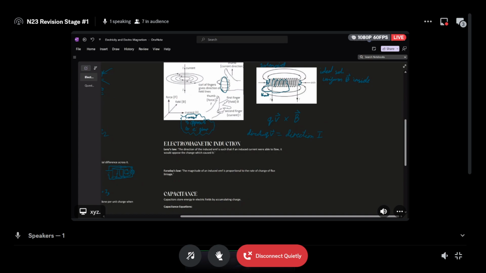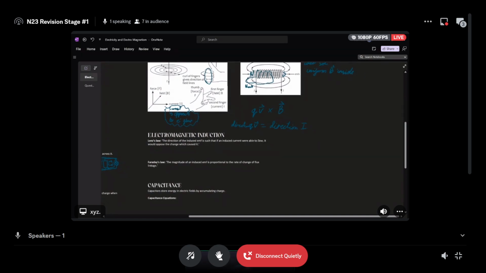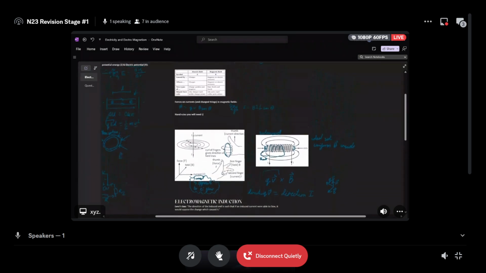With your right hand you put your index here and your middle here. Your index is always the first term of a cross product, so it's QV, and your middle finger is the second term, B, and that will result in a force going upwards.